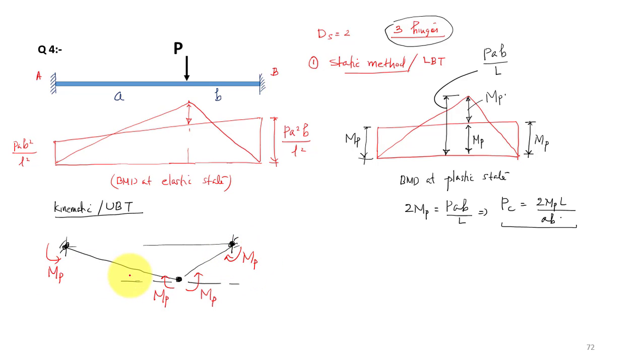MP here, and this angle theta 1, theta 2, and this is theta 1, and this is theta 2. So we can write your external work done equal to internal work done.